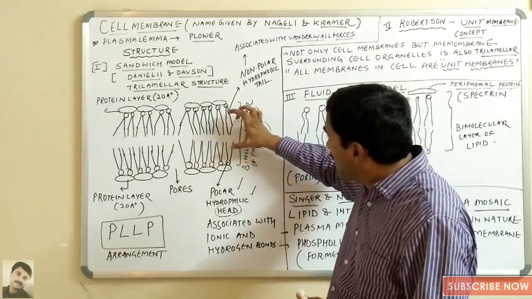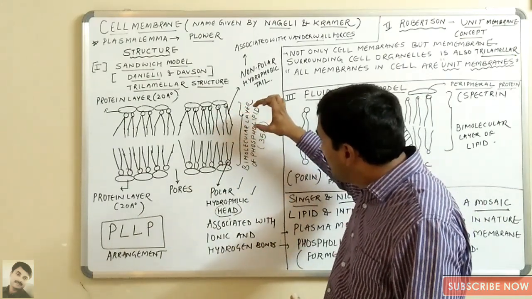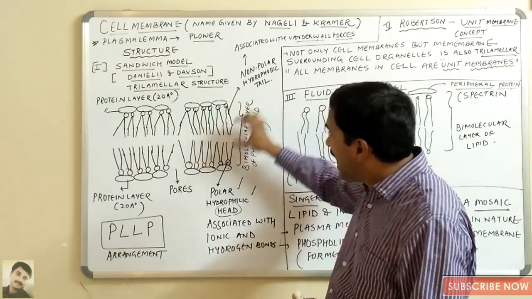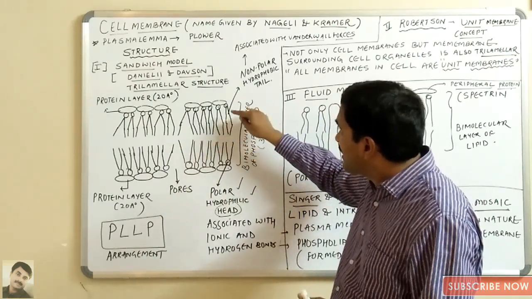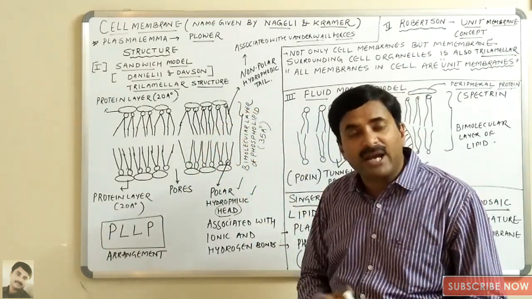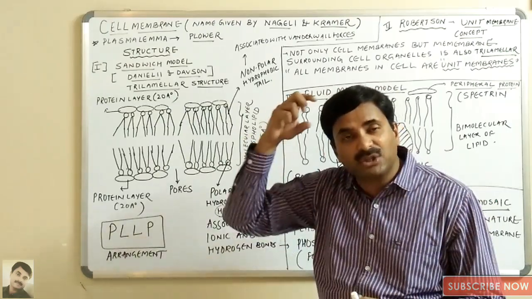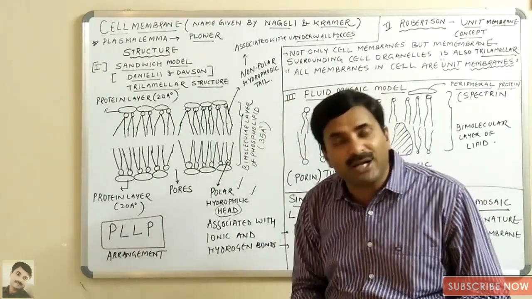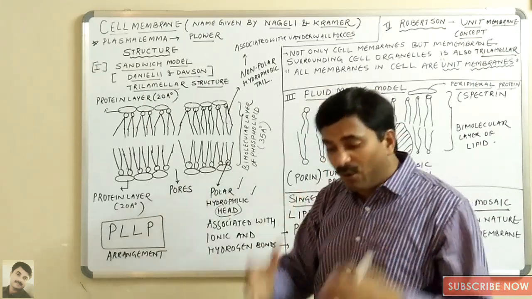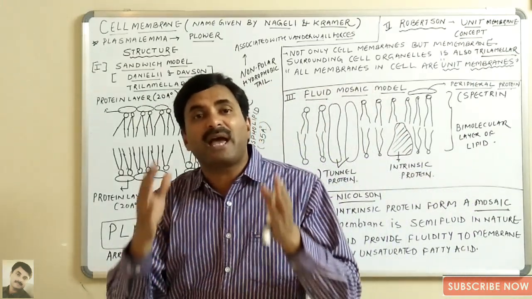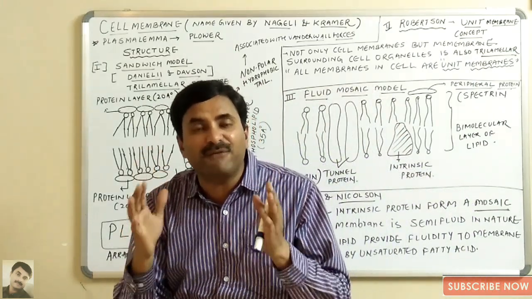Now the bimolecular layer of phospholipid has a head and a tail, and because of the presence of the head and the tail, we can say that it is amphipathic in nature.